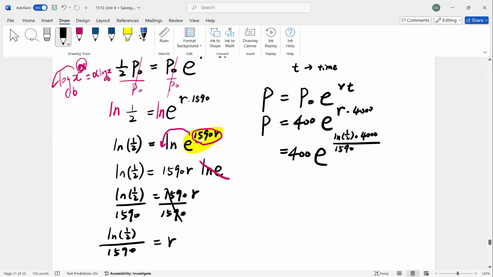When we go up higher in mathematics classes, the concepts are more abstract and more intricate, but in my opinion, what actually challenges some students is the algebra part. So now we're just plugging in R, and since R times 4,000, I put the 4,000 in the numerator.